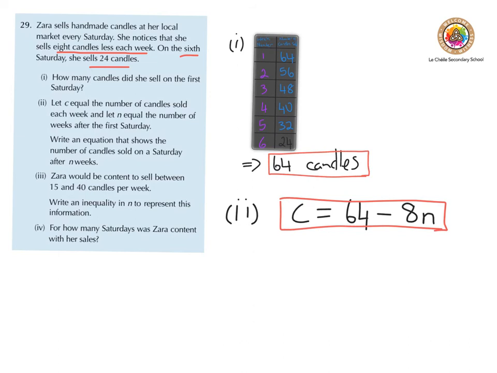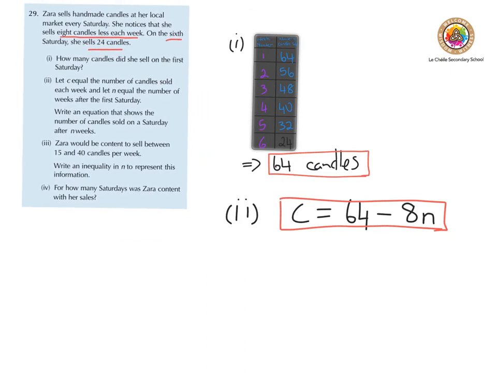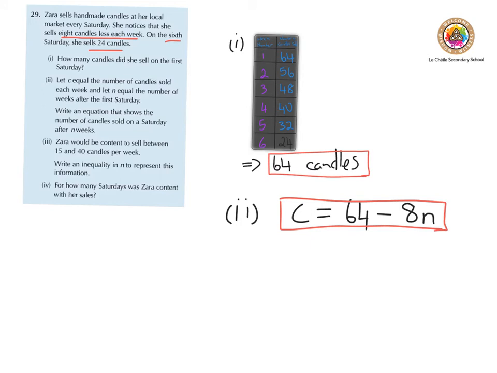Now, part 3 says, Zara would be content to sell between 15 and 40 candles per week. So this is where my inequality comes into it. We're asked to write an inequality in n to represent this information.